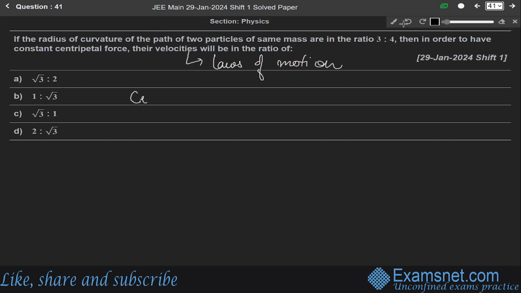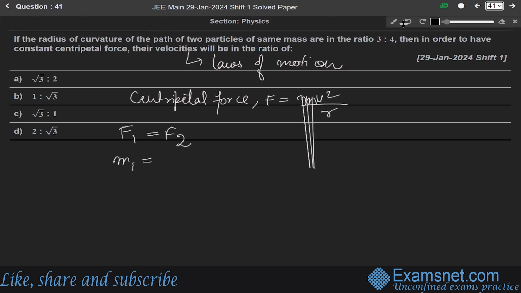The centripetal force is given as F equals m v square over r. Now they are saying that they have constant centripetal force, meaning F1 is equal to F2, and the mass is the same, meaning M1 is equal to M2. So from F1 equals F2 we write M1 V1 square over R1 equals M2 V2 square over R2.